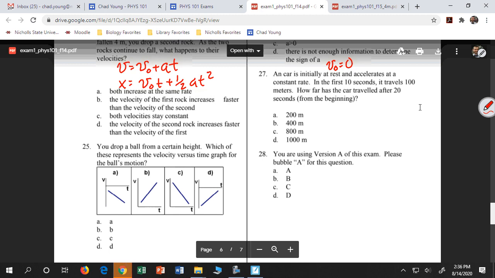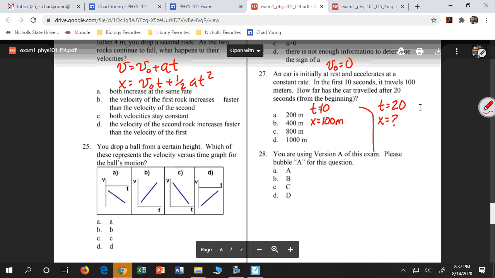Okay? So it's initially at rest. It accelerates at a constant rate. In the first 10 seconds, so from t equals 0 to t equals 10, it travels 100 meters. And then I want to know how far does it travel after 20 seconds. I also know that V naught is equal to 0.